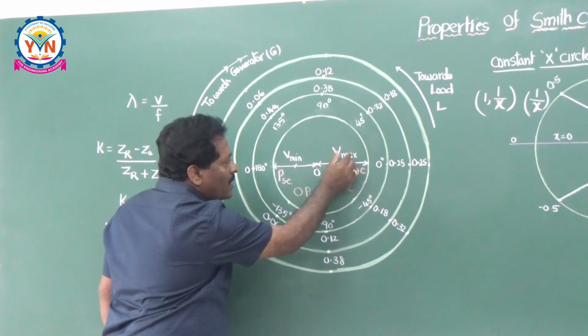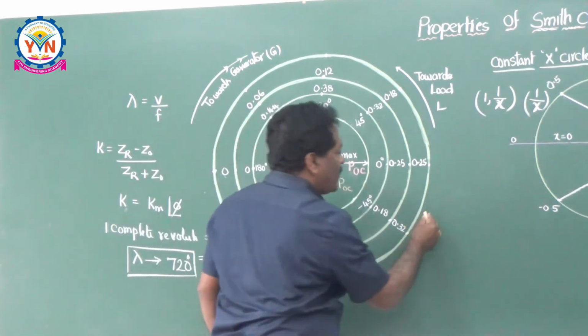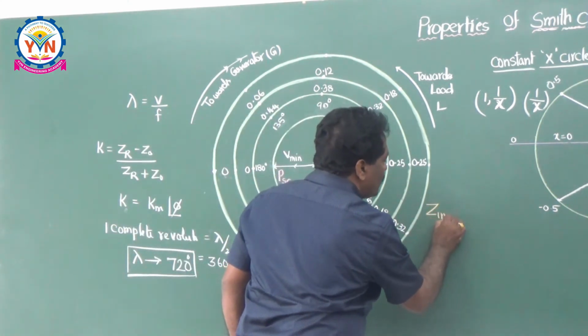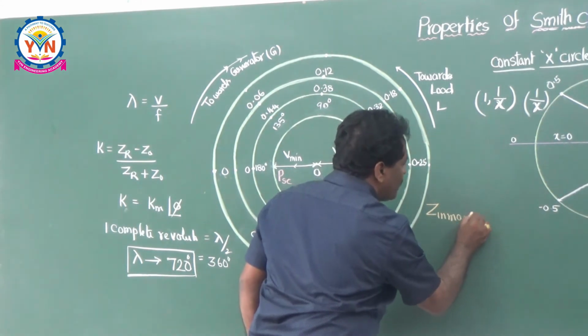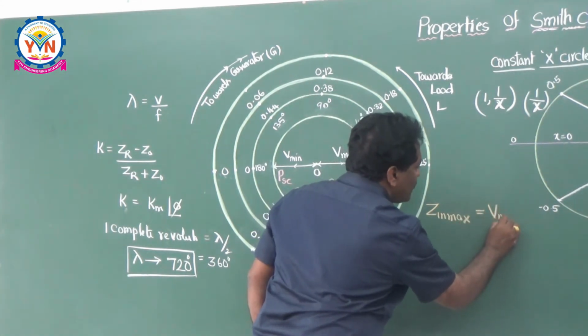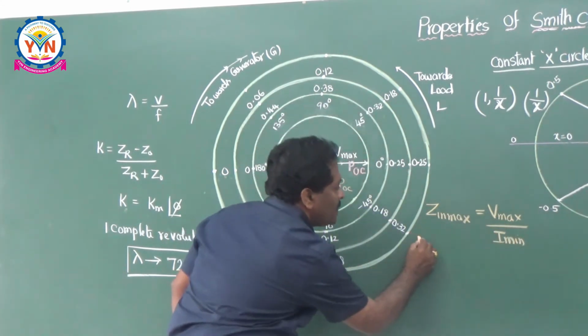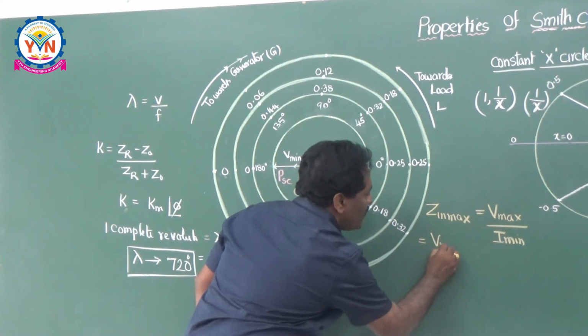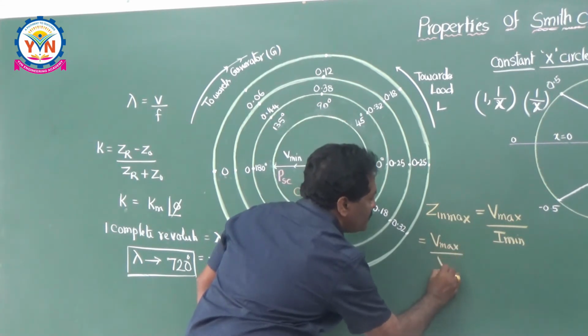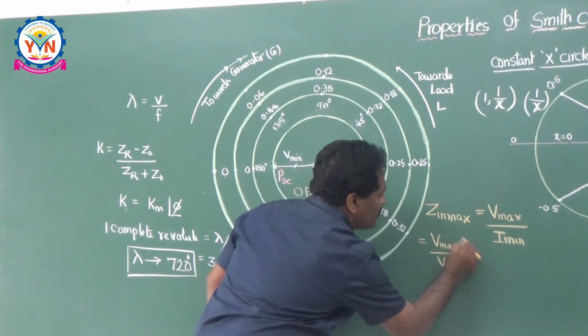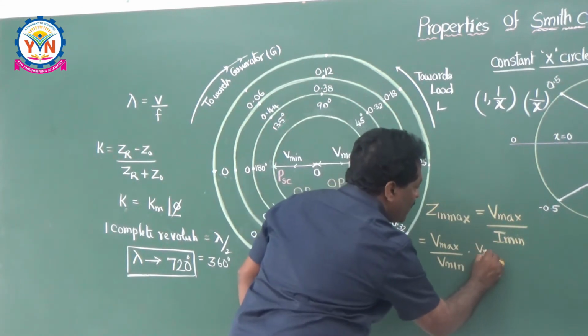V maximum occurs here because you know very well Zn maximum is equal to V maximum divided by I minimum. That I can write like this: V maximum by I minimum is equal to V maximum by V minimum into V minimum by I minimum.